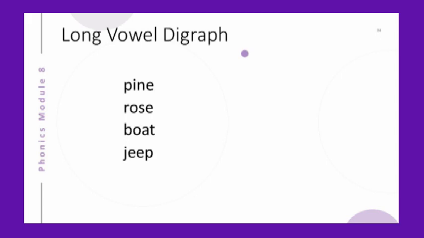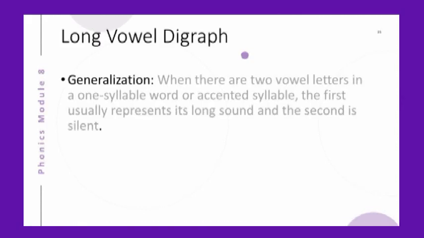Study these words. The first two follow the VCE pattern, and the last two follow the CVVC pattern. If the long vowel digraphs were as regular as those represented by the VCE ending pattern, we could form a generalization to include both types.